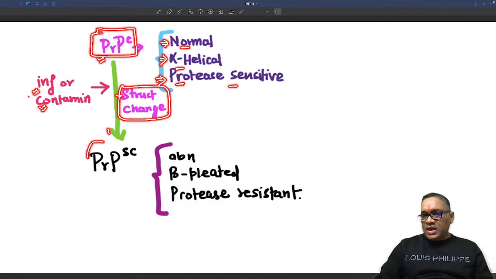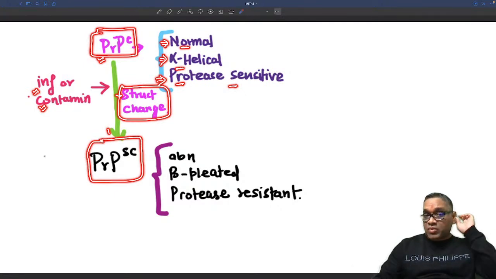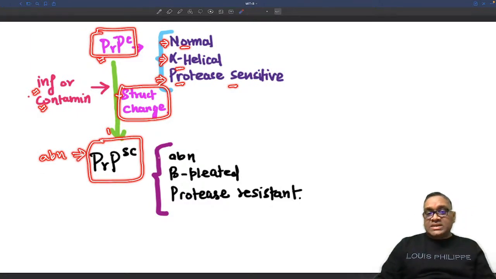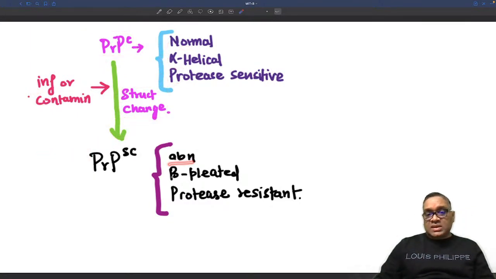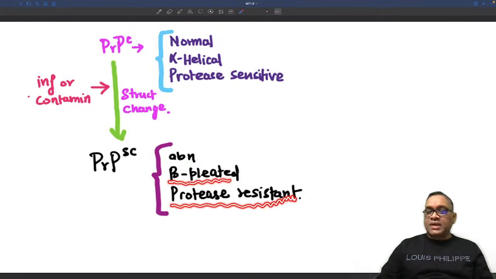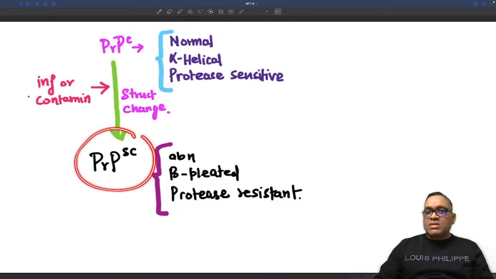Now it forms an abnormal prion protein. Why am I calling it abnormal? Because now it is beta pleated and resistant to protease. Earlier protease could digest this protein and remove it from the brain, but once converted into the beta pleated form, it becomes resistant to proteases.